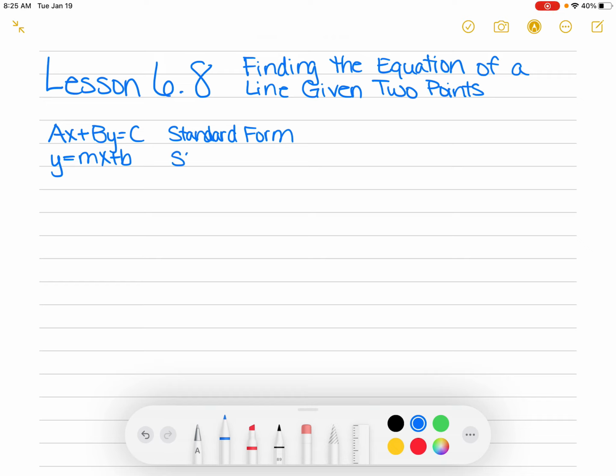That's slope-intercept form. And then the one that we learned yesterday is y minus y1 equals m times x minus x1. And this is point slope form.